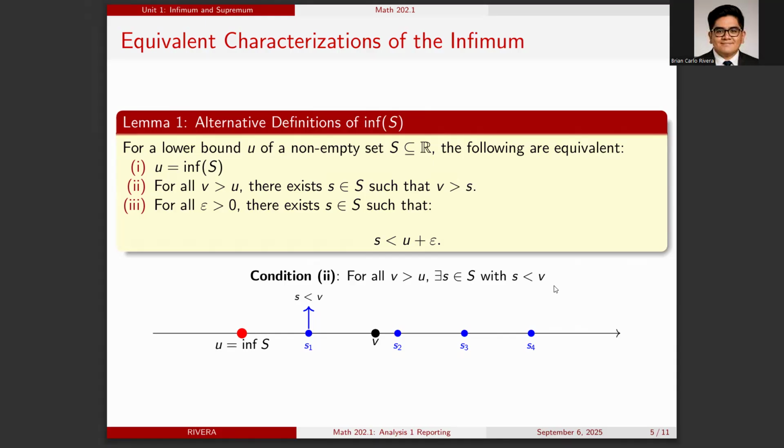For a lower bound U of a non-empty set S of the real numbers, the following are equivalent. This is actually a theorem that you can prove, but that's outside the scope of this discussion.